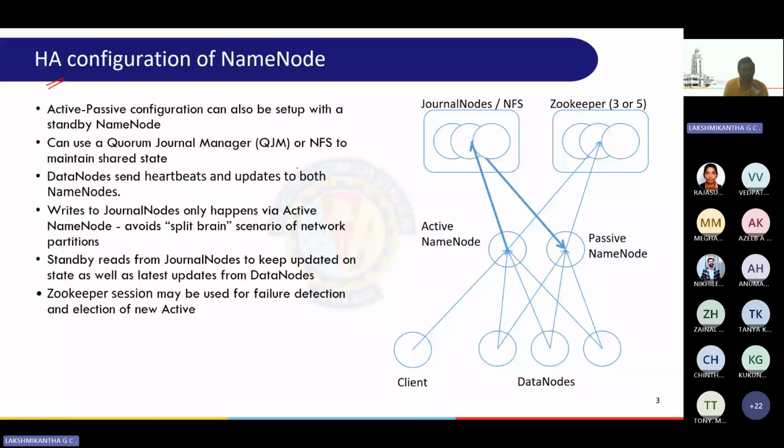I already told you about the secondary name node. It is a good checkpoint mechanism, but it requires manual intervention to bring up the cluster in case of name node failure.